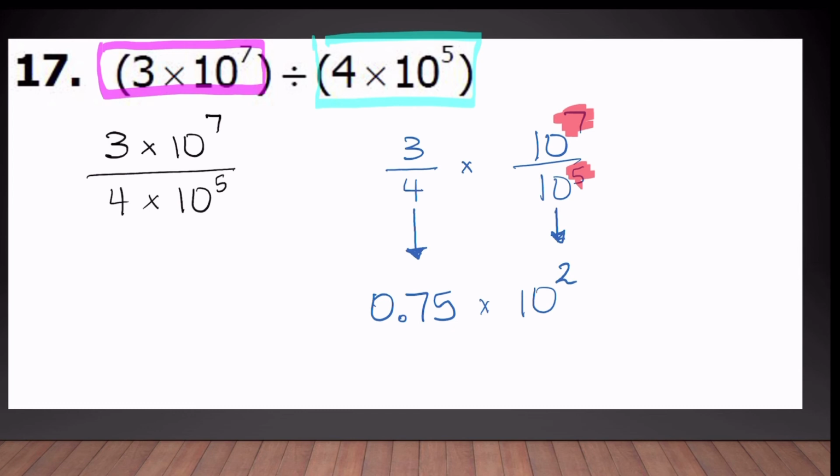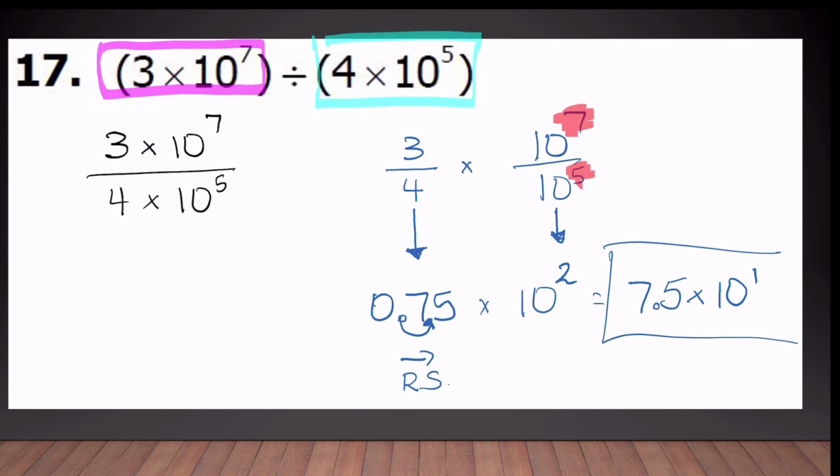No, it's not. So I need to move this to the right once. So I moved right, meaning I subtract. And I only moved once. So my final answer is 7.5 times 10 to the 1st power. Okay.